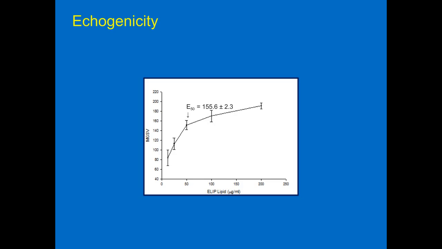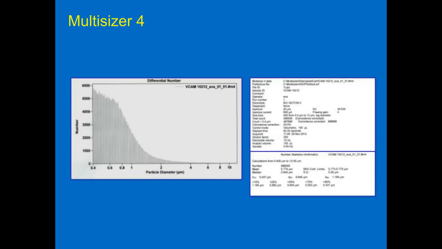And we've gotten our targeting procedure to the point where the echogenicity of the targeted ELIP is almost as good as the untargeted. So they're very echogenic. And we use what we call an index, which is E50, which is the echogenicity in mean grayscale value for a 50 micrograms per ml suspension of the liposomes.